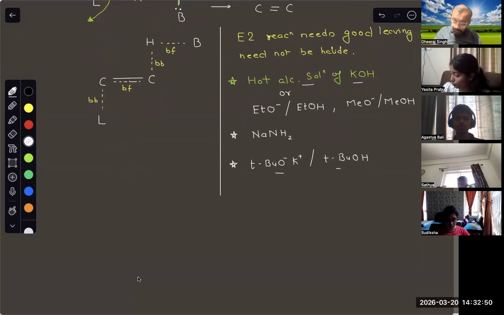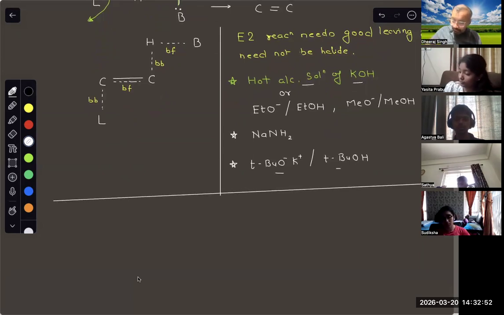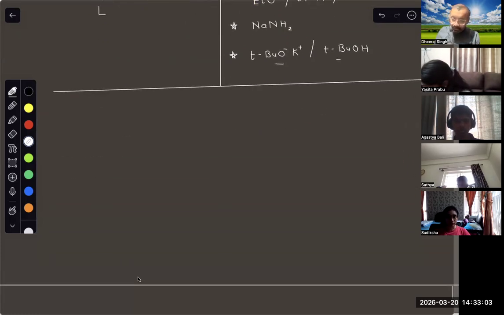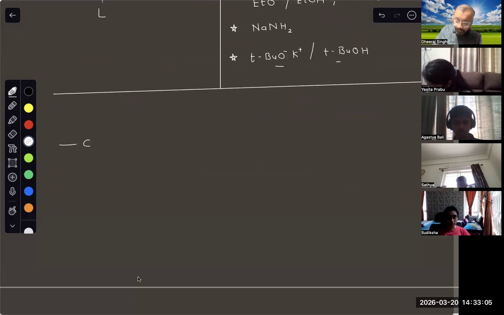Now, let's talk about stereochemistry, as in how it attacks, at what angle it attacks, what the geometry should be so that E2 happens. Okay. So let's take this. This is a leaving group.